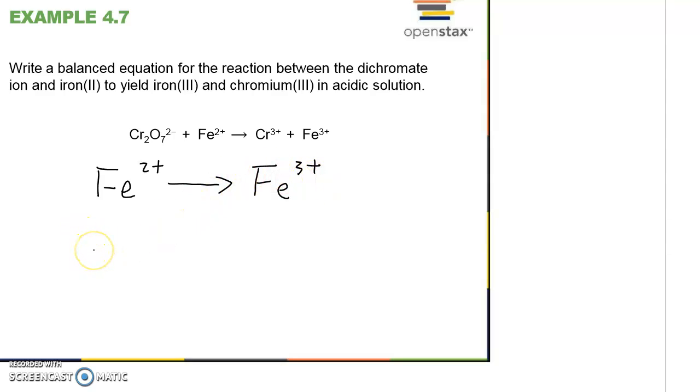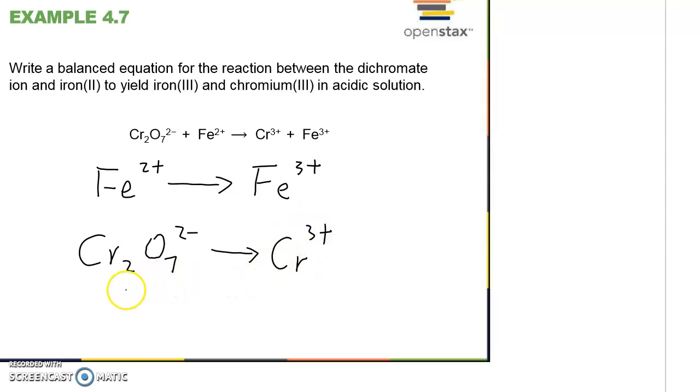So what is the other half reaction? It is Cr2O7 2 minus. I just copy it from the original equation here, and that is going to give me Cr3 plus.